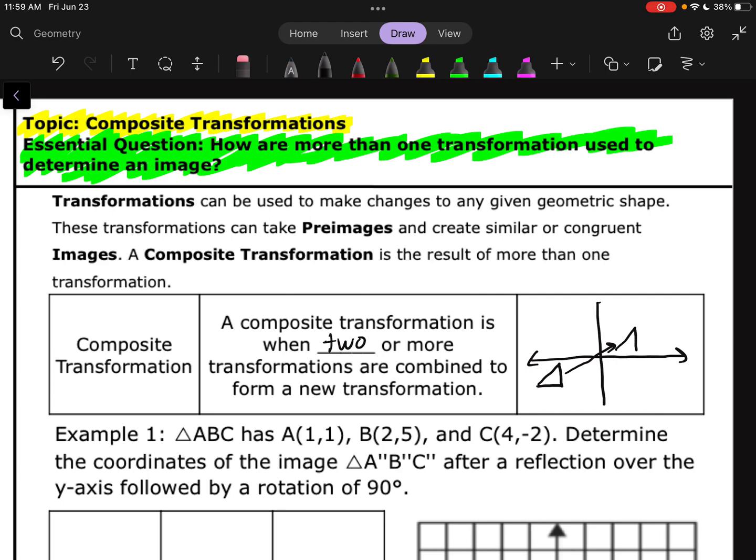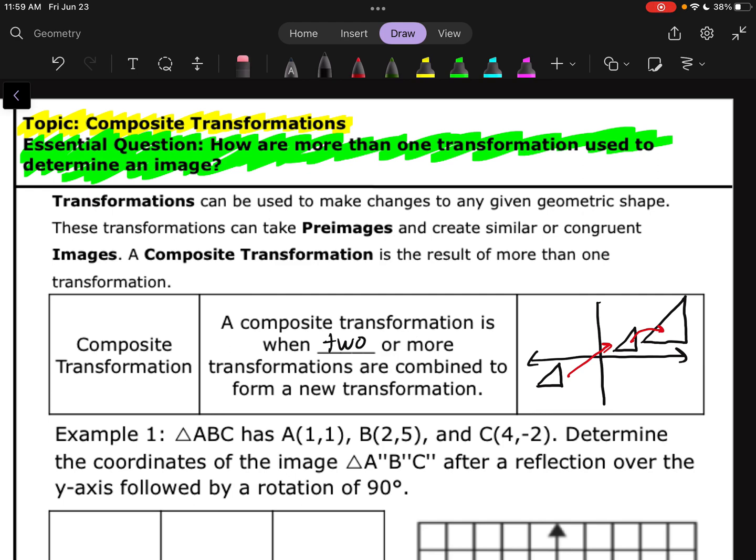So that'd be a translation, right? Let's get a little color in here. So maybe we slide it up there. And then we take that thing and we just blow it up. We dilate it. So that would be a translation followed by a dilation.